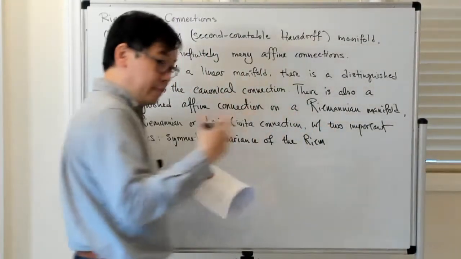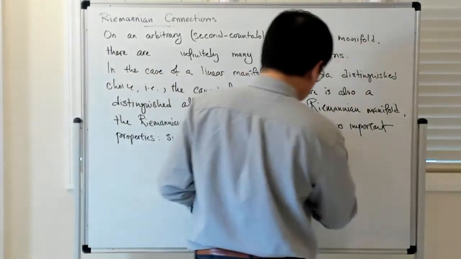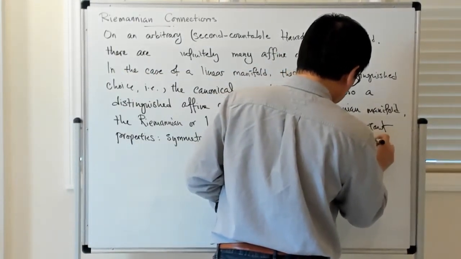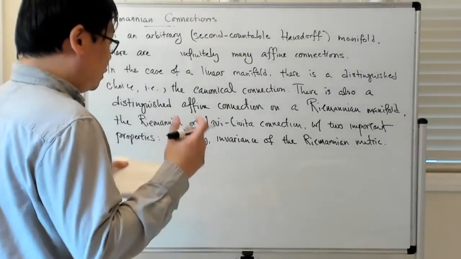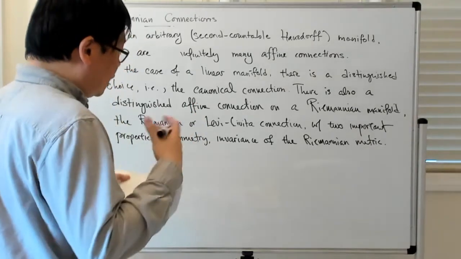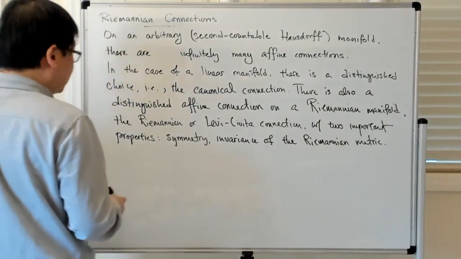Or more precisely, the Riemannian metric satisfies some invariance property, which I'll describe. The other nice thing about it is that when you look at the restricted case of a linear manifold, this Levi-Civita connection recovers the canonical connection.